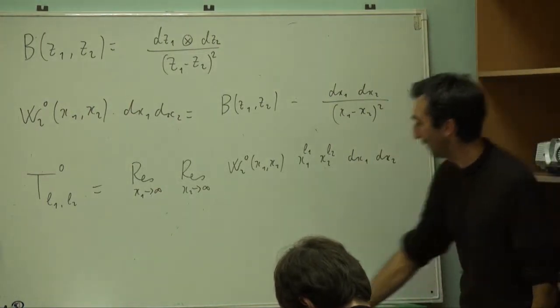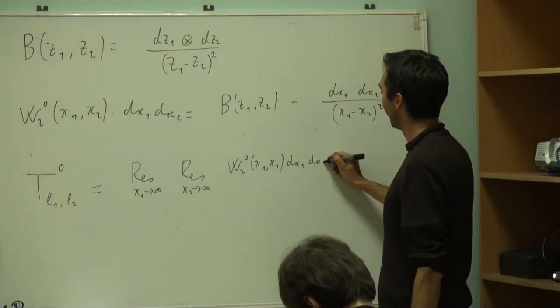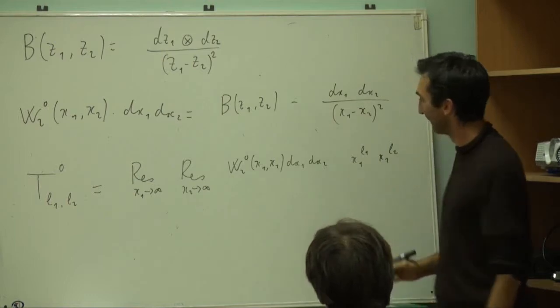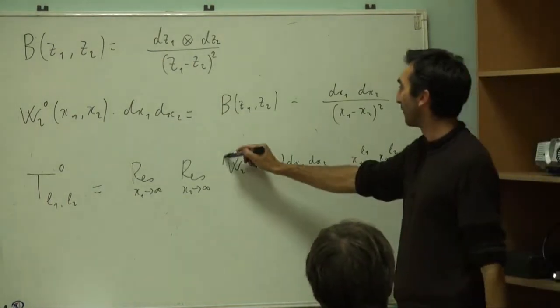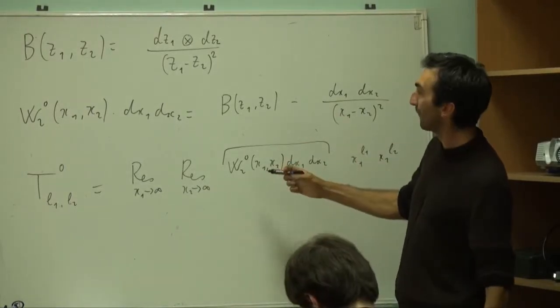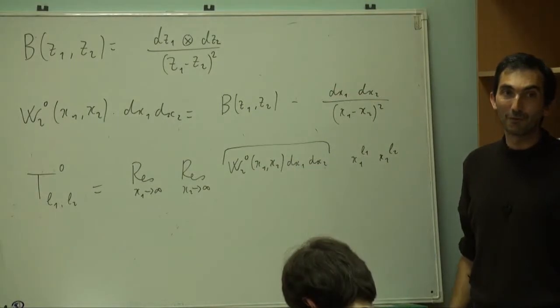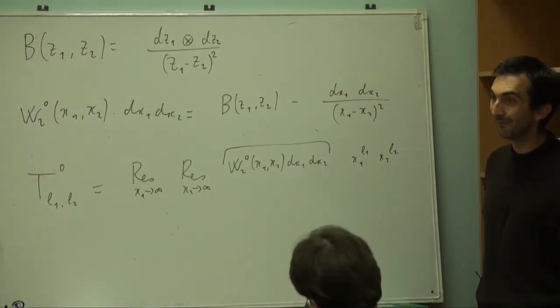It's better to put the dx1, dx2 here, because W20 will always appear with dx1, dx2. Whenever you want to compute some actual numbers, you will always multiply by dx1, dx2.